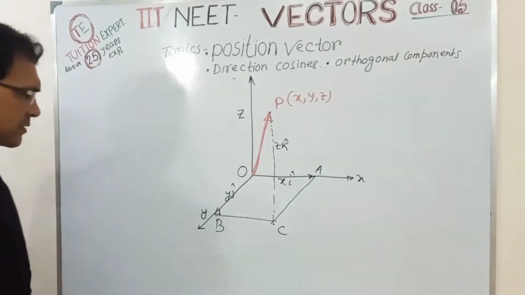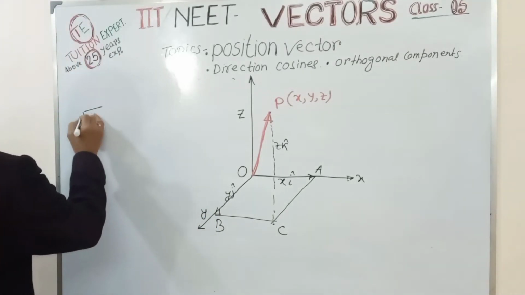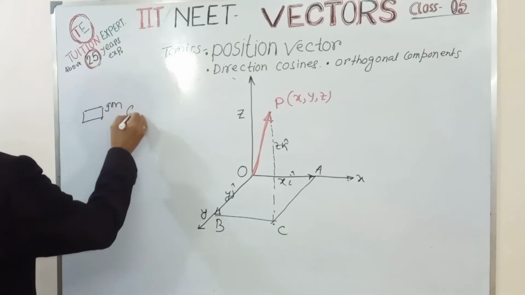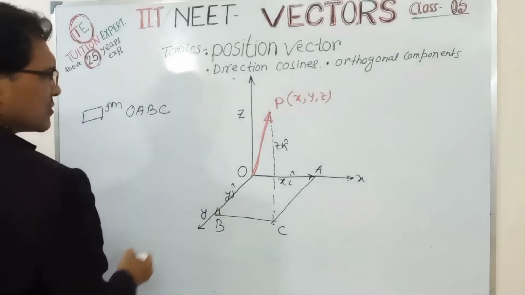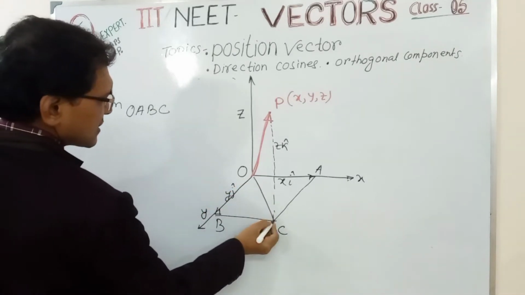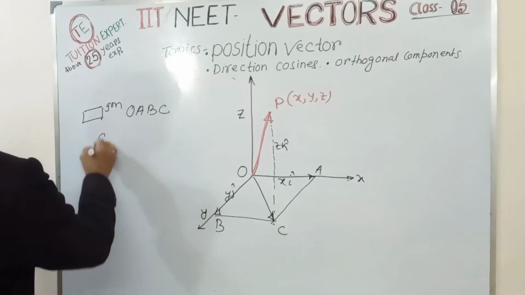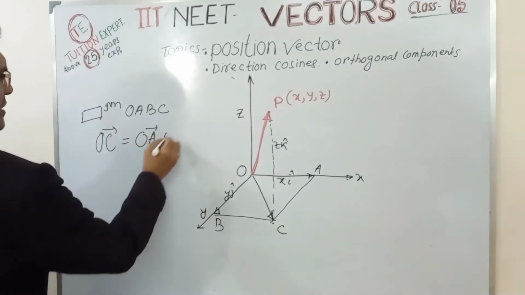Now from the parallelogram OABC, OC is the diagonal, OC equals OA plus OB.